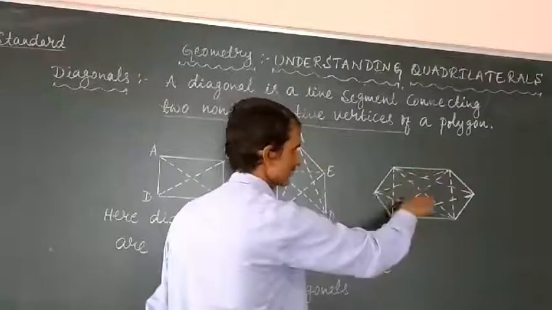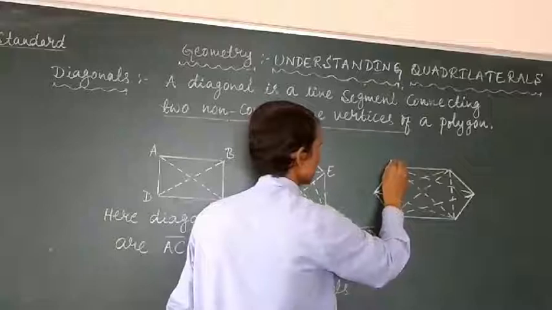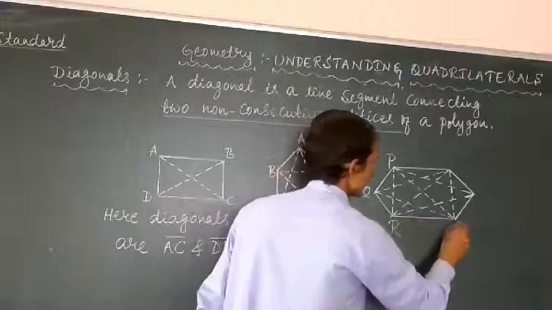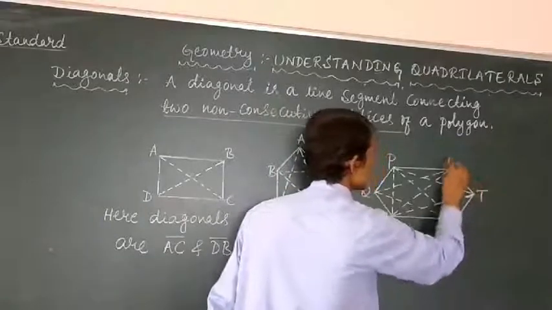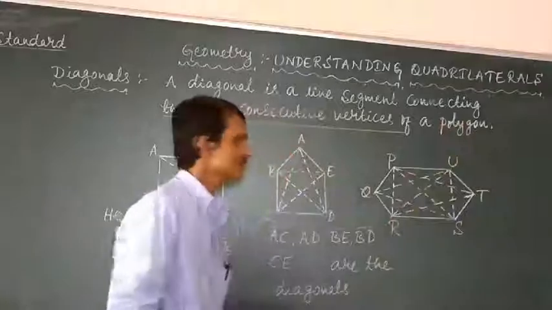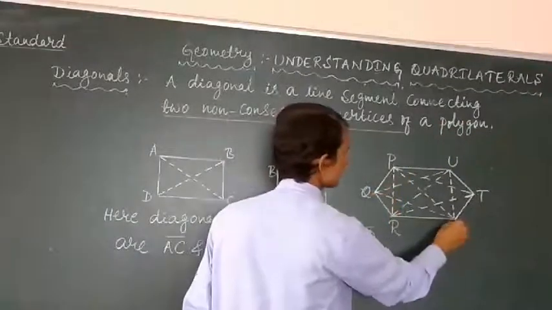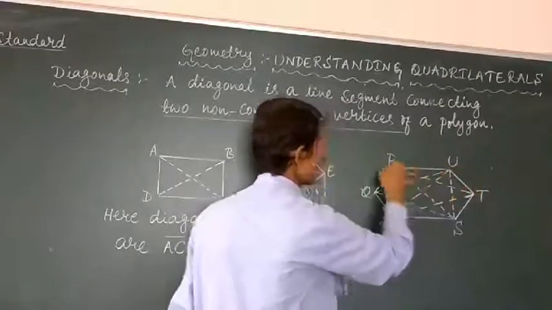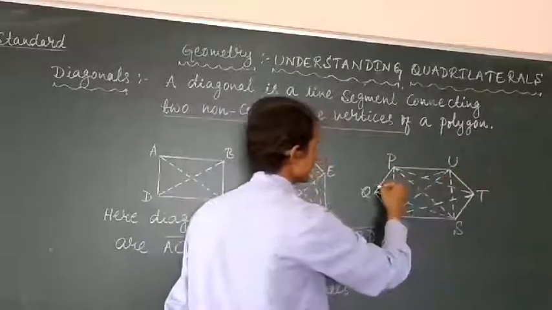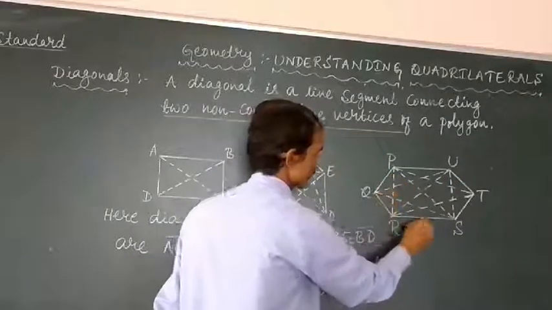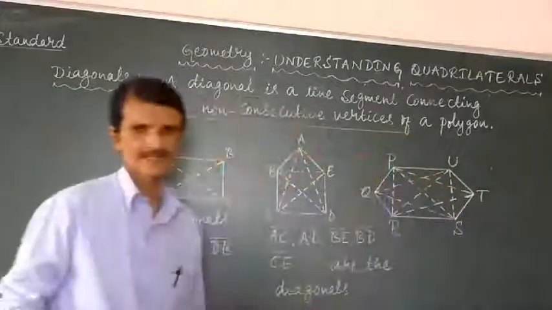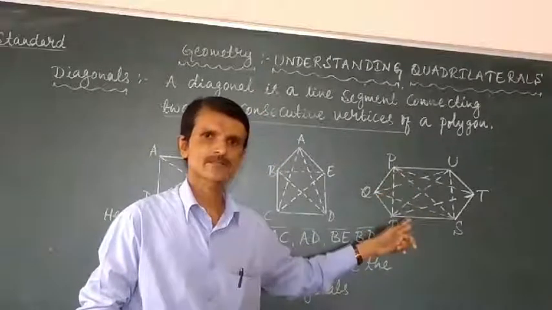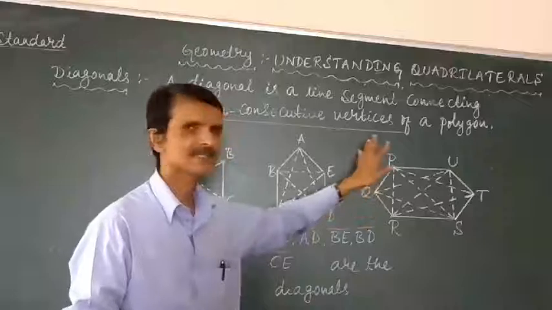You have to name this figure: P, Q, R, S, T, U, P. It has 1, 2, 3, 4, 5, 6 sides. So 6 sides. Therefore, it is called a hexagon.